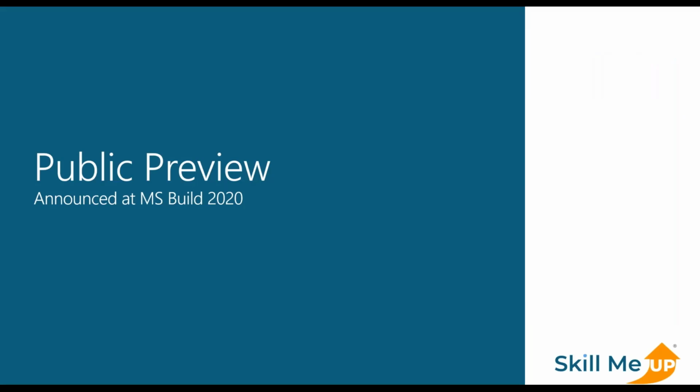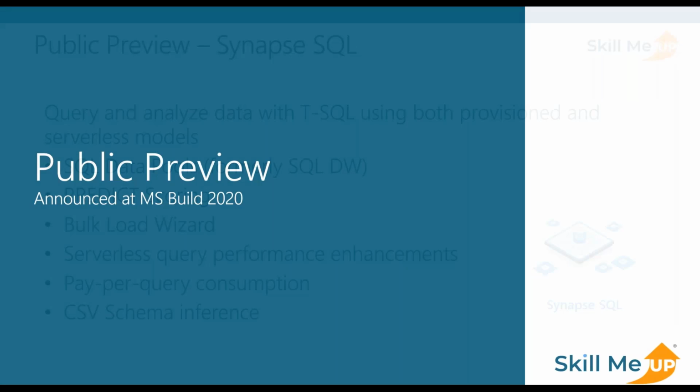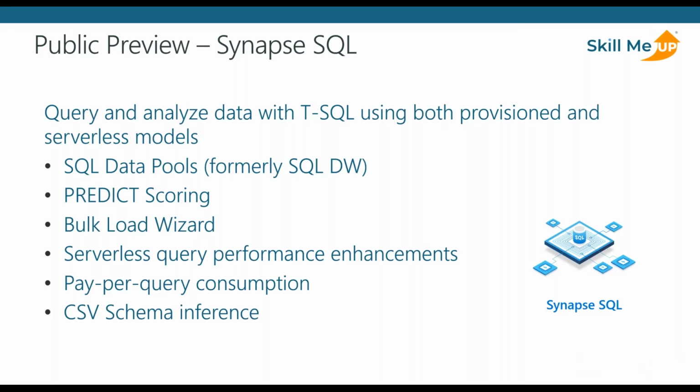So when we look at what was announced yesterday at Build, from the Synapse SQL standpoint, you've got the ability to use your SQL data pools, which was formerly that Azure SQL Data Warehouse product. And these are your compute on demand for the massively parallel processing system for running the data across the multiple compute nodes.